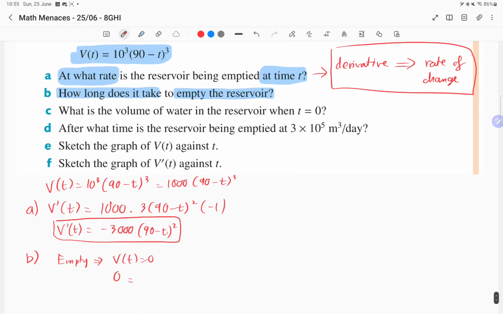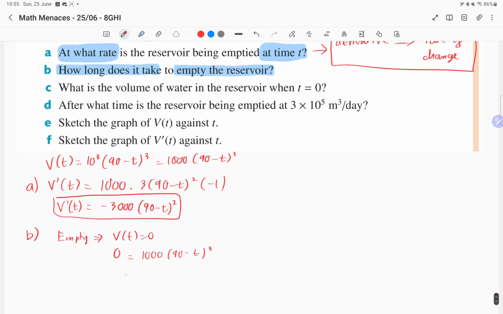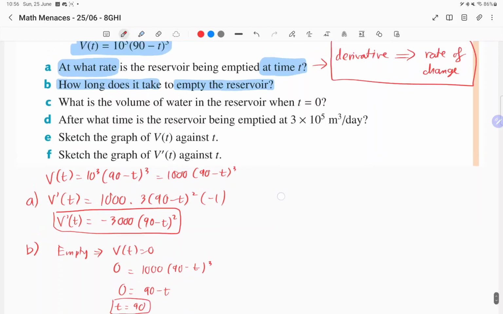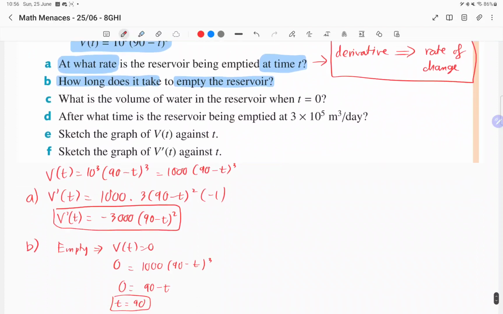The derivative is the rate of change. Okay, so the reservoir will be emptied in 90 days.